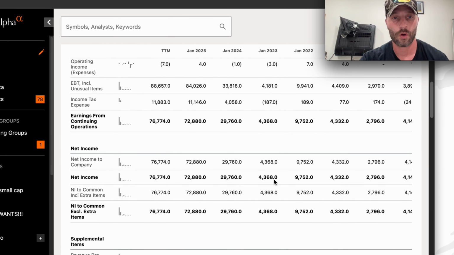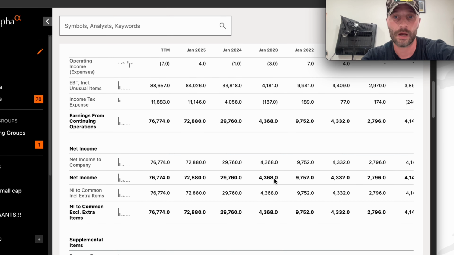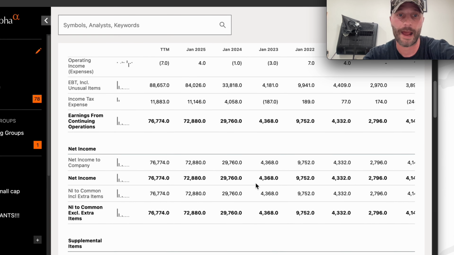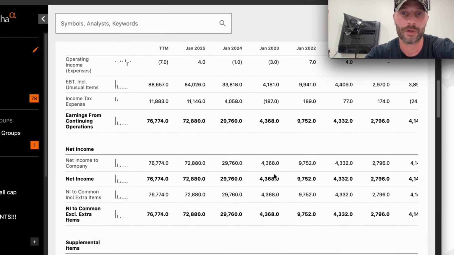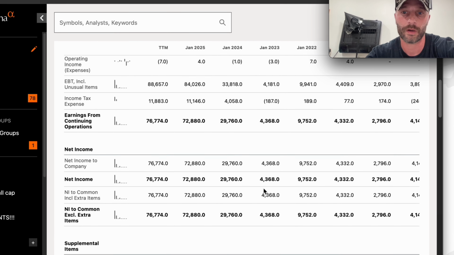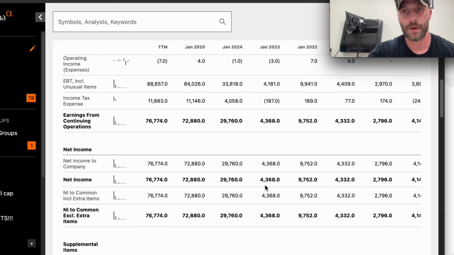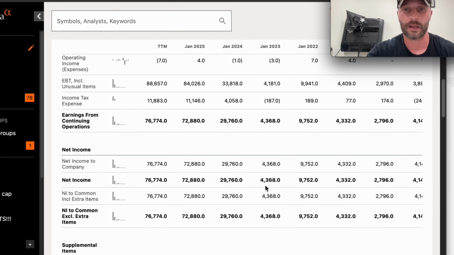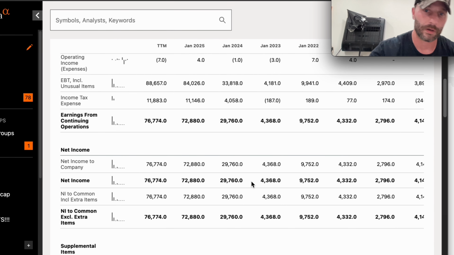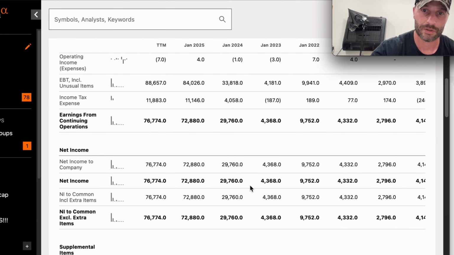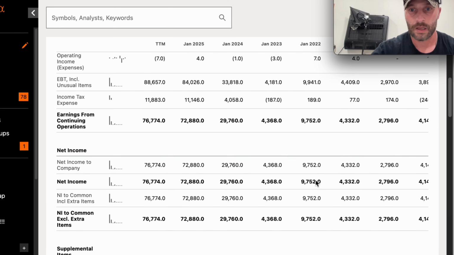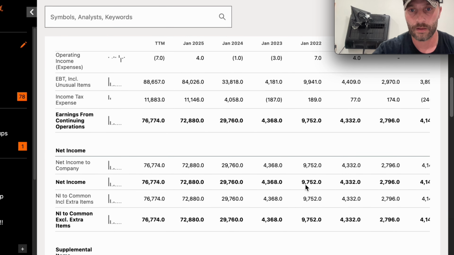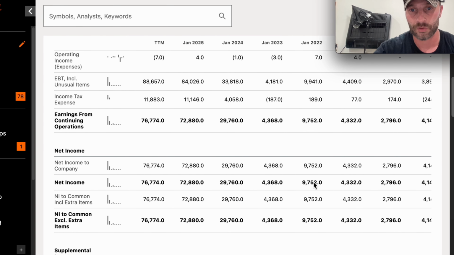Okay, so this could have been because, like I said, this is after all the bills and stuff were paid, so this might have been a huge bill they paid, and that's why they weren't able to pocket some of that profit, or a lot of that profit. But then if you look the next year after, you can see where it just picked right back up, and so you can see we're at 29,000, and then two years ago it was almost 10,000.